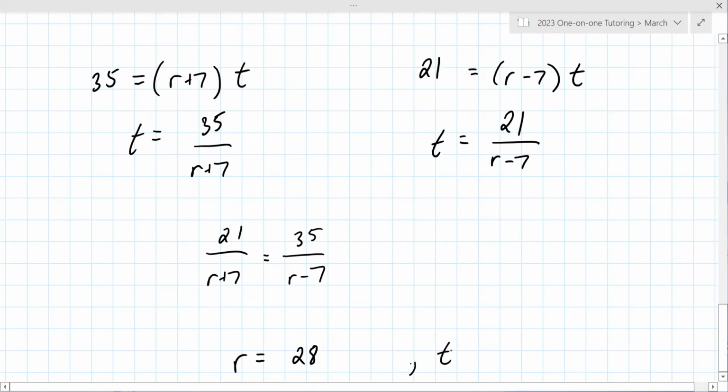I was going to ask you what you came up with. Okay, so is this going to be t equals 735? Which equation did you use, the first one on the left or the one on the right? I used the one on the right. Okay, so simply put, it's 21 equals 28 minus 7 times t. Is that what you have?